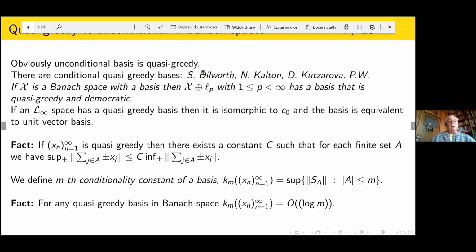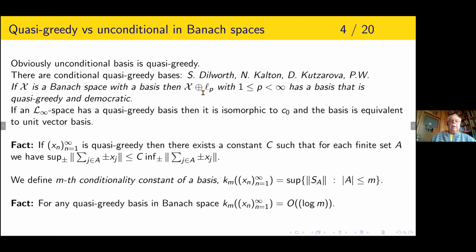The ad hoc example was invented by Volodya Temlyakov and Sergei Konyagin, but then I produced an example, which is this theorem here, or this statement for p equal 2. I was mainly interested in conditional quasi-greedy bases in L2. And then Steve Dilworth, Nigel Kalton, and Denka Kutzarova produced a different technology which allows, I mean, there's no general theorem, but I formulate it like this for any p except infinity.